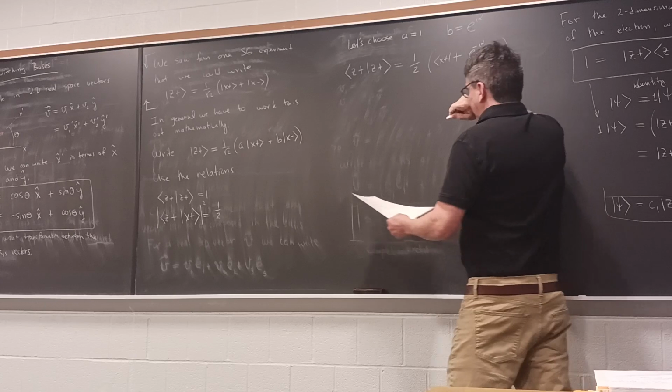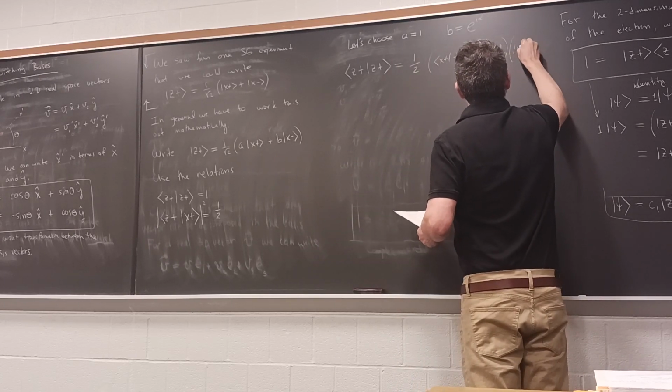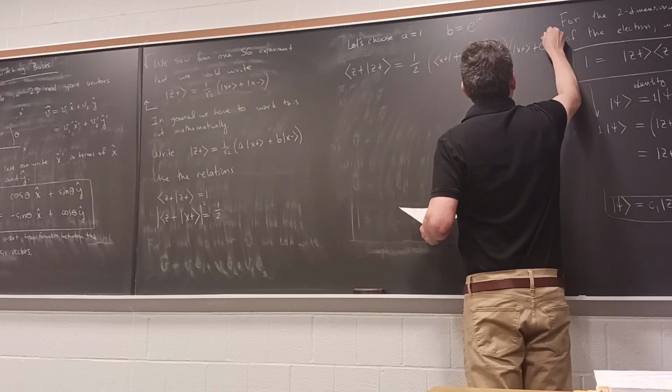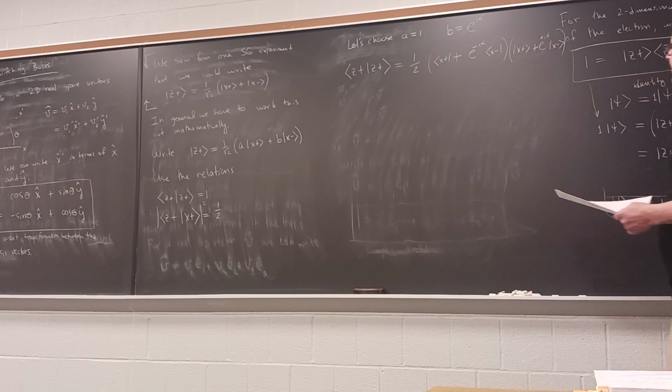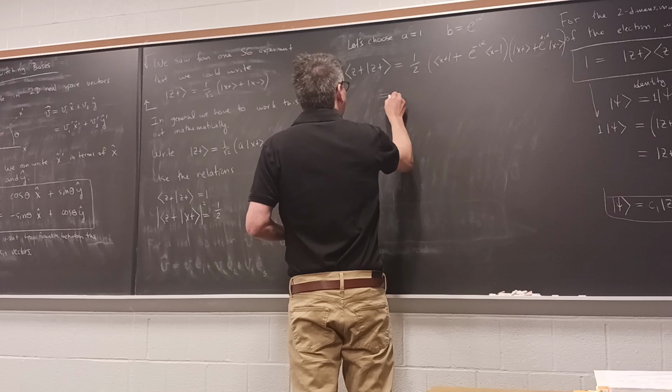So that's the bra vector that I'll make from these, and then I'll have just x plus plus e to the plus i alpha x minus.